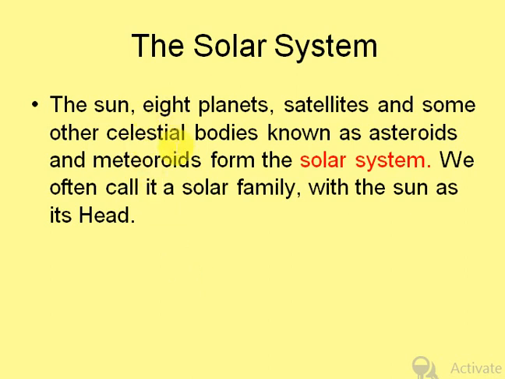The solar system now. You know that the solar system consists of the Sun, the 8 planets and their satellites, and thousands of other small bodies. The 4 planets, Mercury, Venus, Earth and Mars, that are nearest to the Sun are called inner planets. Jupiter, Saturn, Uranus and Neptune are outer planets.